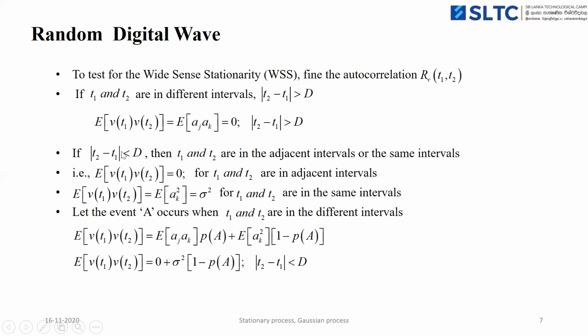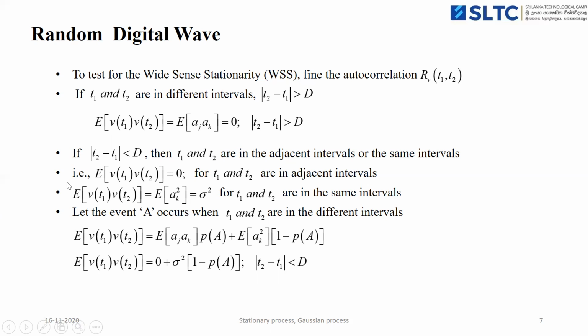If t2 minus t1 is less than D, that means t1 and t2 are in adjacent intervals or in the same intervals, then the modulus of t2 minus t1 is less than capital D duration.